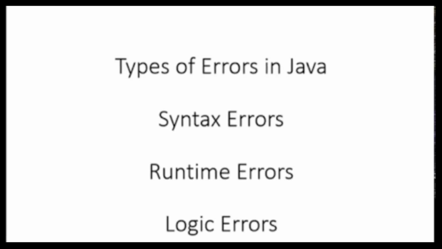Sometimes a question may come: what are the different types of errors in Java? At that time, what you have to write is, the different types of errors in Java are syntax errors, runtime errors and logical errors. These are the three different types of errors in Java.